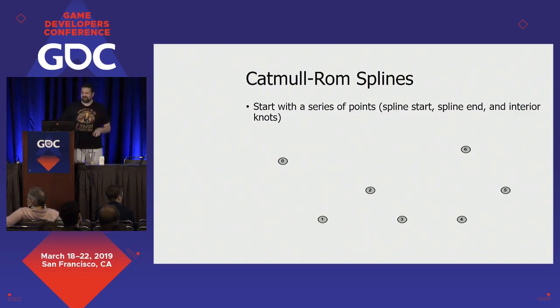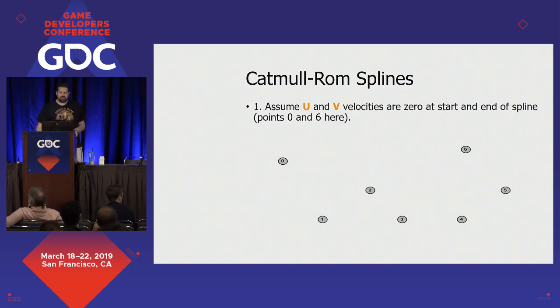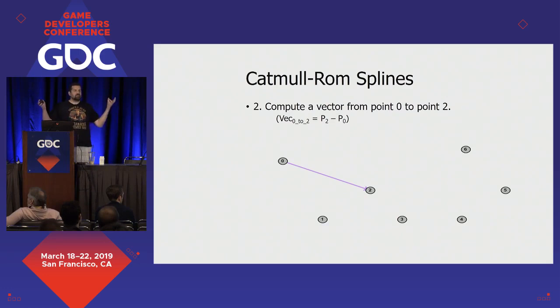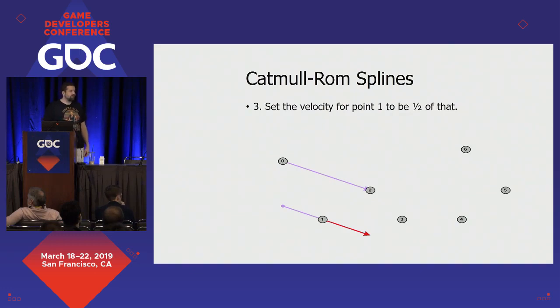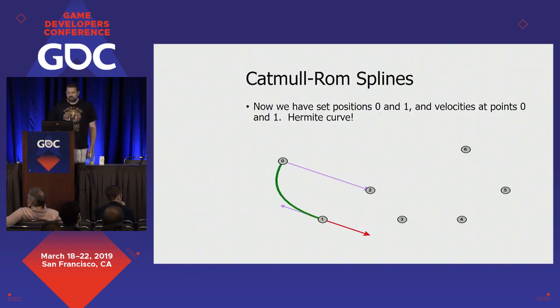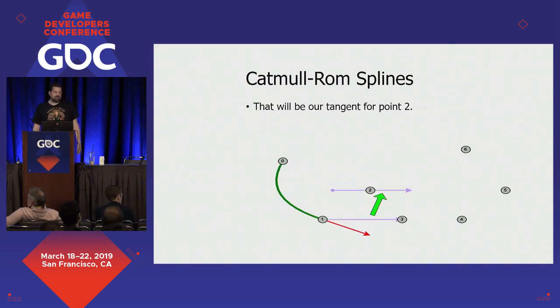Sorry, I'm going to go 2 minutes over. If I have points 0, 1, 2, 3, 4, 5, 6, I want a spline that goes through all those, and I want sort of the nicest spline possible that goes through them. I can use this strategy to do that. So I can say, hey, from 0 to 2, what direction is it going? Let's make that be the velocity in between. From 1 to 3, what direction is it going? Let's make that be the velocity at 2.